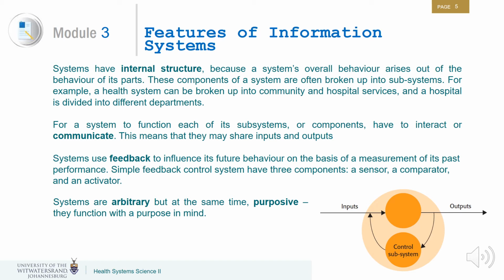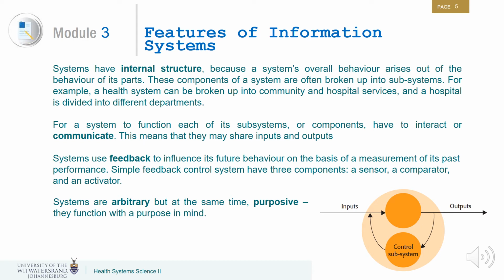And if you were to go to a hospital, you'll see that within that hospital, there are different departments, right? So things within the internal structure of a hospital will look different to the internal structure of a community health center. There might be some similarities because they are operating within a bigger system, but there will also be subcomponents that are particular to that system.